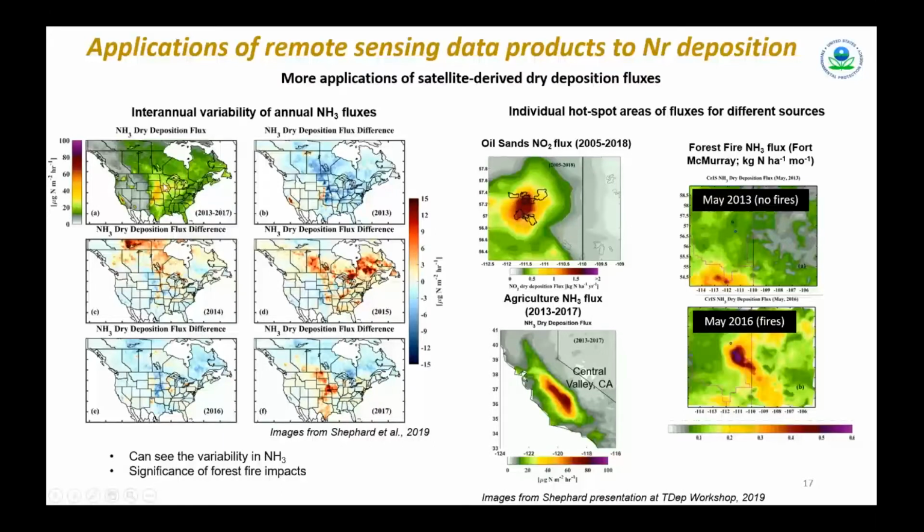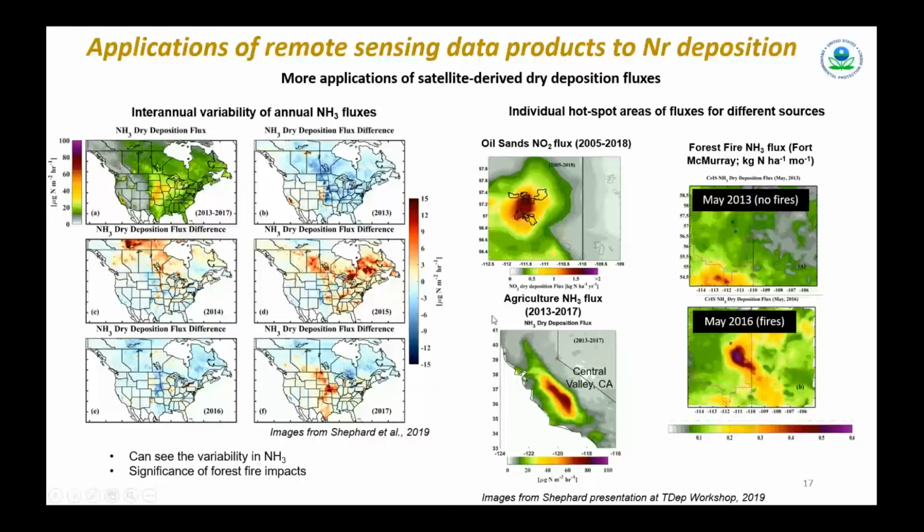Here's the average, taken from the last slide, of the ammonia dry deposition flux for a 5-year average, and then the annual variation, the interannual variability of ammonia, which is similar to what was reported by Shiferl, that data assimilation study. And you can really see the differences, especially here, from forest fires in these years.